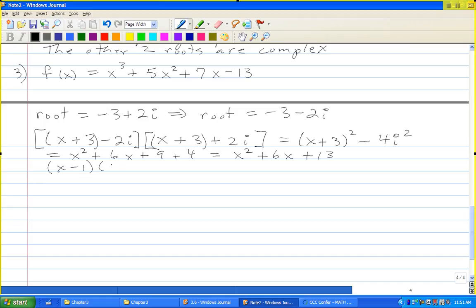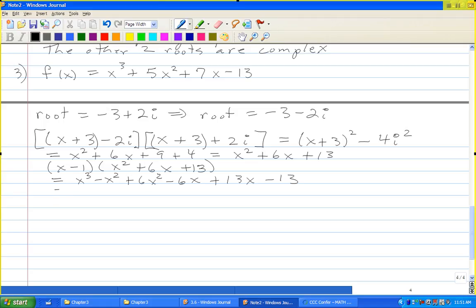(x minus 1)(x squared plus 6x plus 13) is equal to, let's do it this way, x cubed minus x squared plus 6x squared minus 6x plus 13x minus 13.